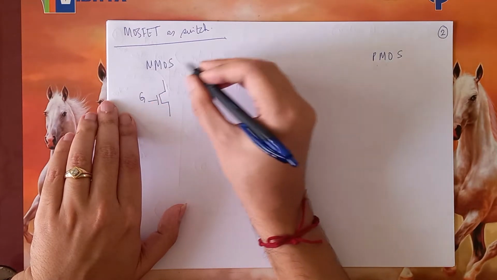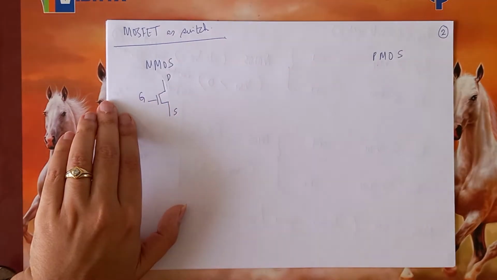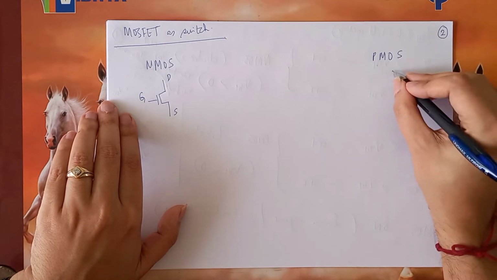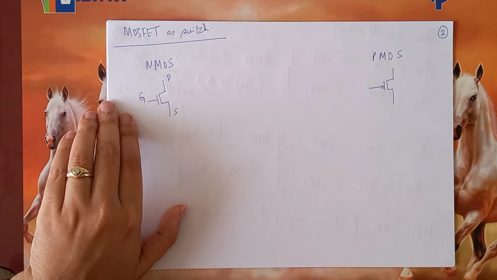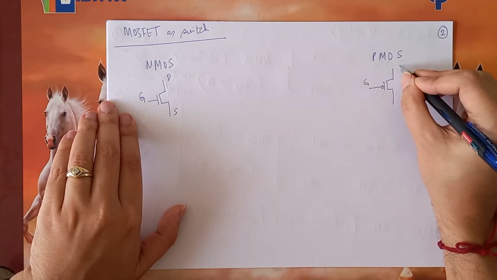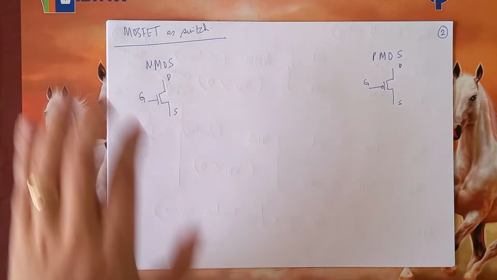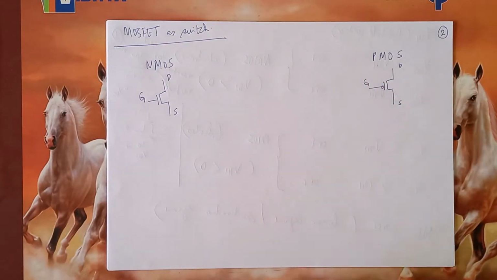I'll say this is gate. The drain and source are interchangeable, so you can write them any way you want. For PMOS, the gate is indicated with a bubble. Now the reason for the bubble is because of the way the on and off conditions are opposite for the PMOS as compared to an NMOS.